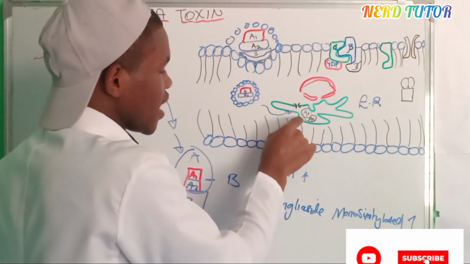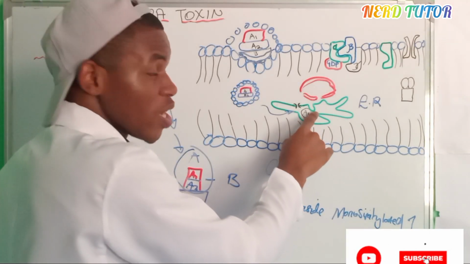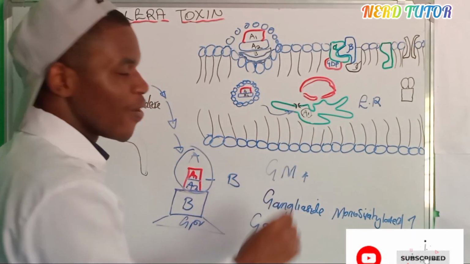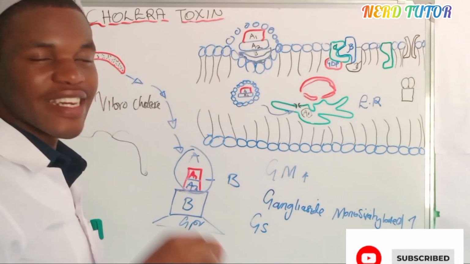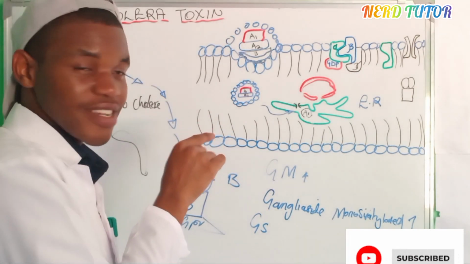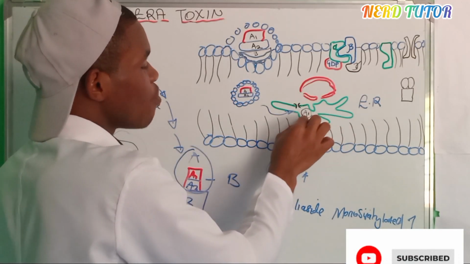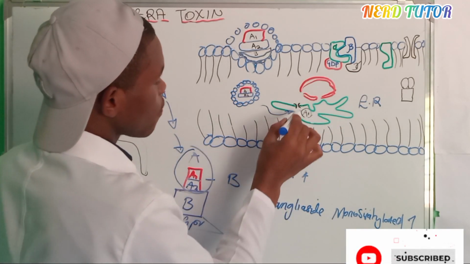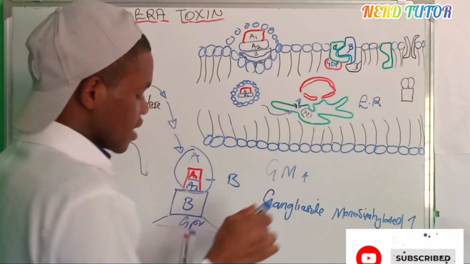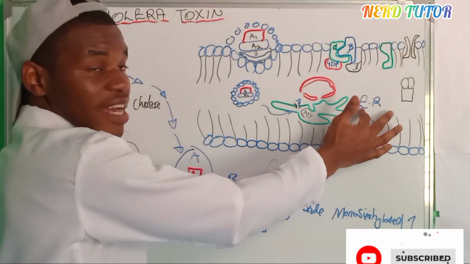So they will be cleaved by what we call protease. The protease will cleave this guy, and then the A1, the boss, which is carrying the real toxin, the most toxic part of the A domain, will remain and move out. As you can see here, we have got an opening, and that is where the A1 will come out from the endoplasmic reticulum.